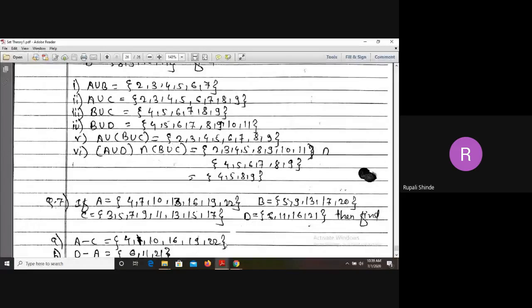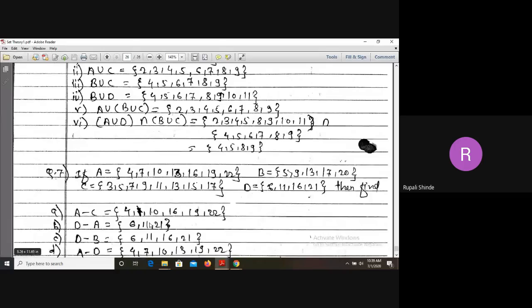Now, second question is D minus A. So D minus A is what? The elements those are present in D but not in A. 6. Now check 6. 6 is not included in A. That's why we are going to consider that is part of D minus A. Now check for next element 11. 11 is also not present in A. So that we are going to consider here for D minus A. Now 16. 16 is present in A also.